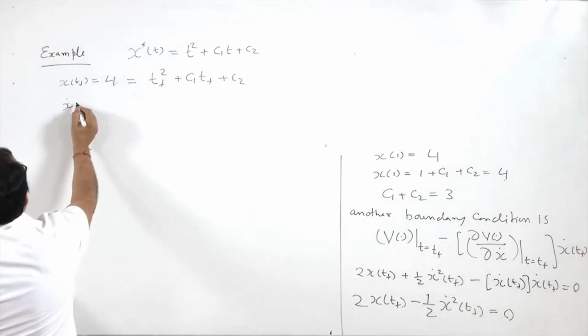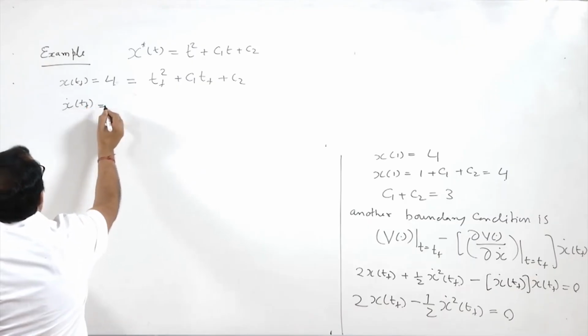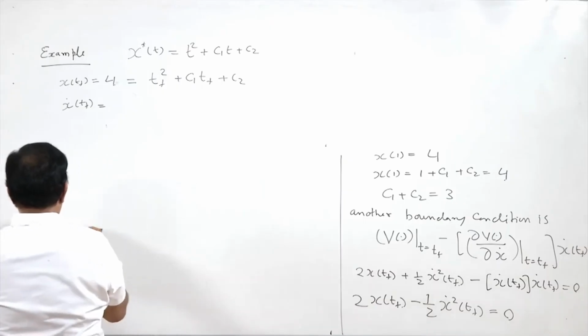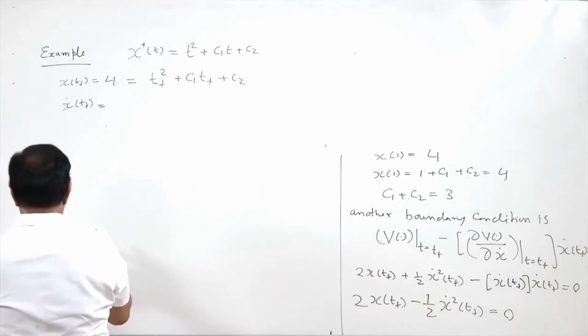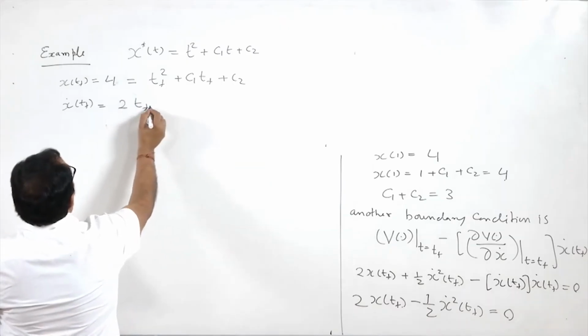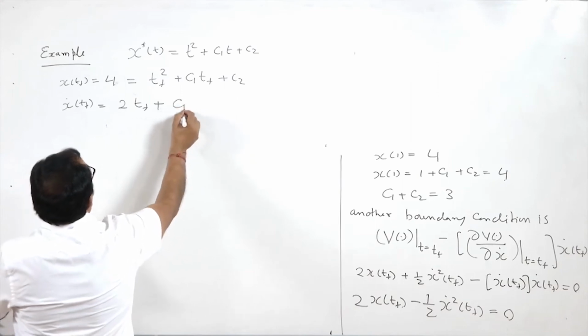And ẋ(tf), if I write it from this, is nothing but my 2tf plus C1.